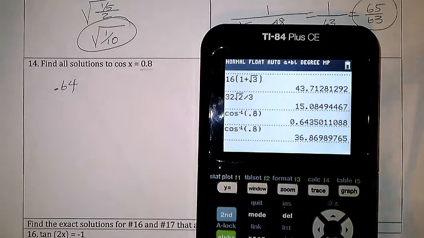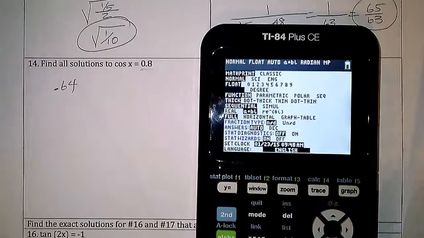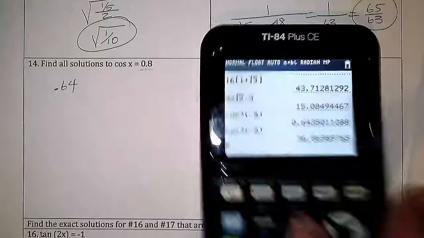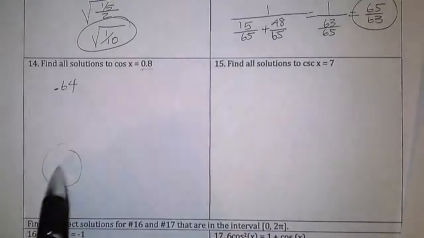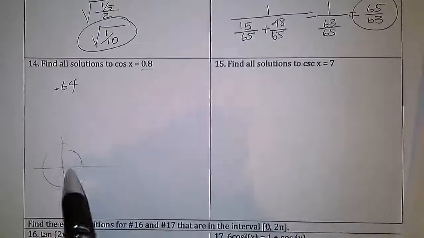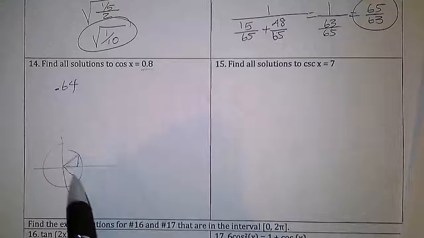But okay, so I'm going to go back to radians. Now, where's the cosine positive 0.8? 0.8's out here, so it would be some positive angle, but there's also a negative angle.